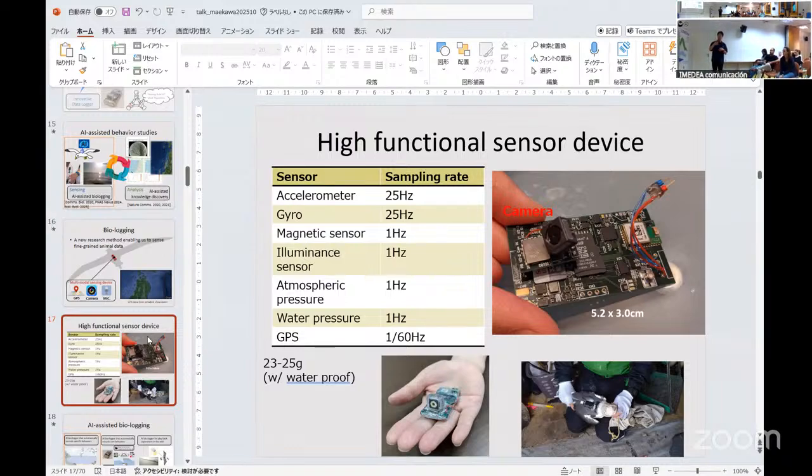An RFID tag can work without battery, therefore we can make a very small device. But the drawback is we should also install a device to scan the RFID tag in the environment. We don't have such experience. Okay, thank you.